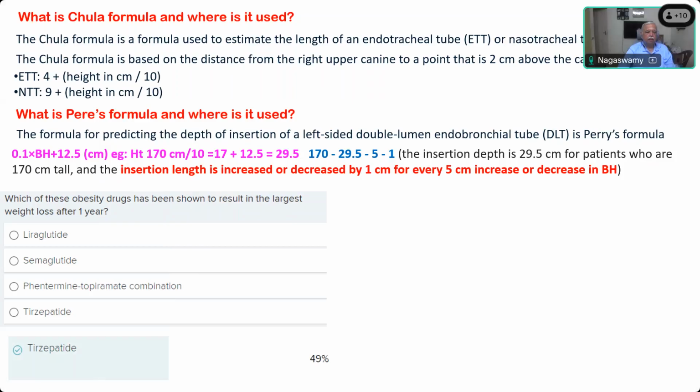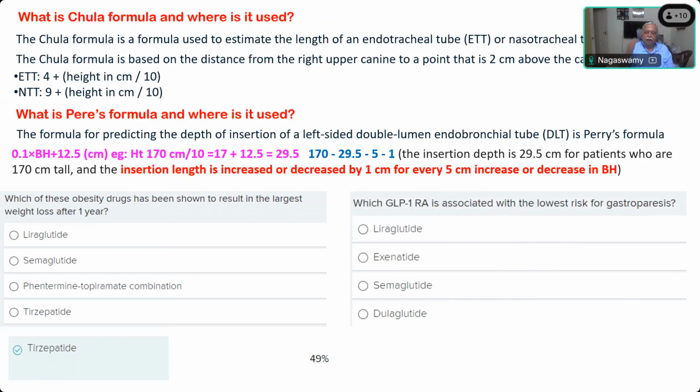Yes, it is tirzepatide, the last one, not liraglutide. So, which GLP-1RA is associated with lowest risk of gastroparesis? Semaglutide, sir. Semaglutide, correct.